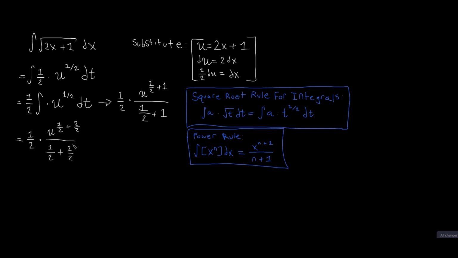If you're confused here, just remember that every number has a 1 underneath it. So we'll put a 1 underneath here, and now we need to make these addable, so we'll multiply the top by 2, and the bottom by 2. Then down here, we'll multiply the top by 2, and the bottom by 2. And that's how we got here.